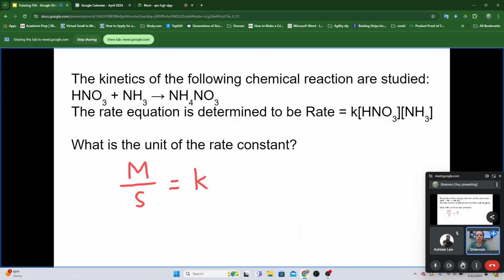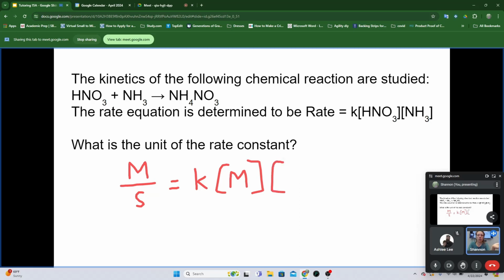What is the unit of my concentration of HNO3? What units are we measuring concentration in? Molarity. And it's to the 1 power, so I'm not going to write any exponents.